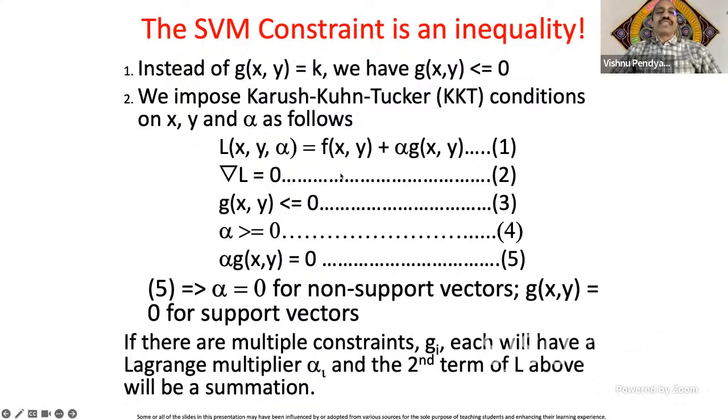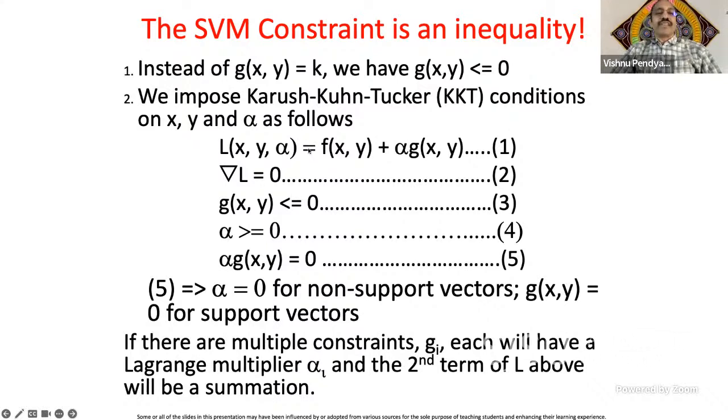We have our first equality, which is a loss function L equal to f of x comma y plus alpha times g of x comma y. This is the Lagrange way of optimization under constraints.